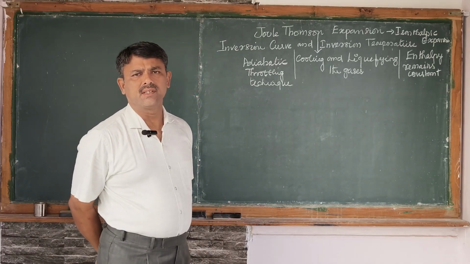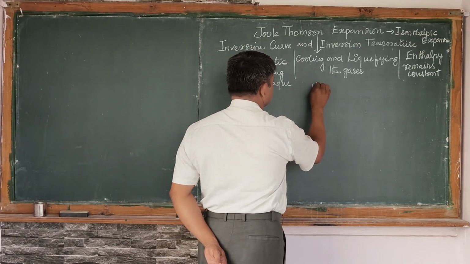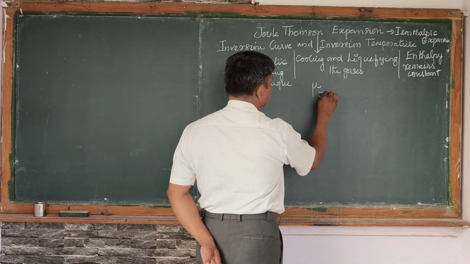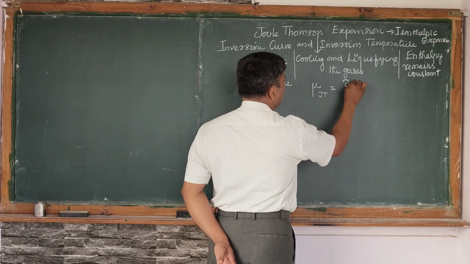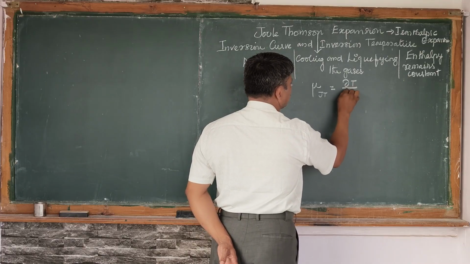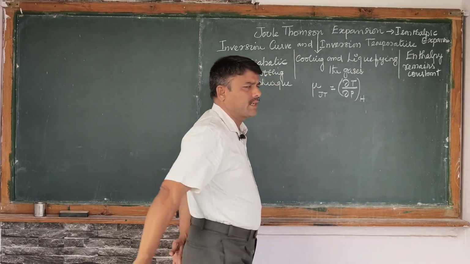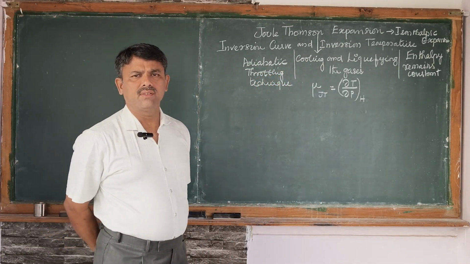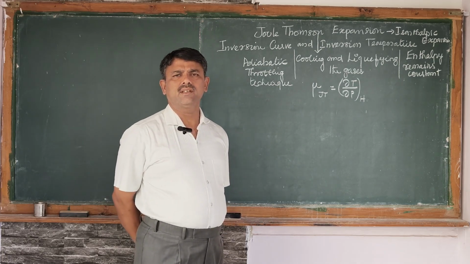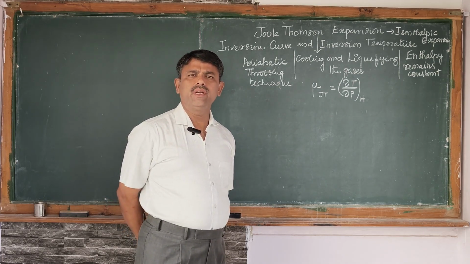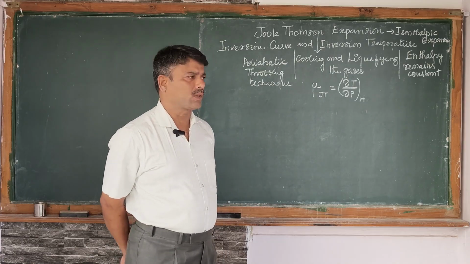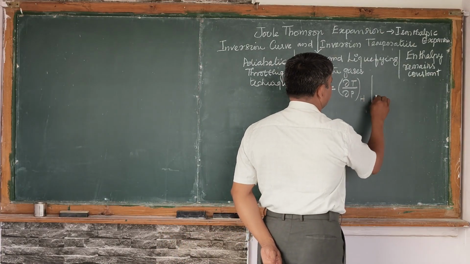Joule-Thomson coefficient is defined as the rate of change in temperature with respect to unit decrease in pressure at constant enthalpy.